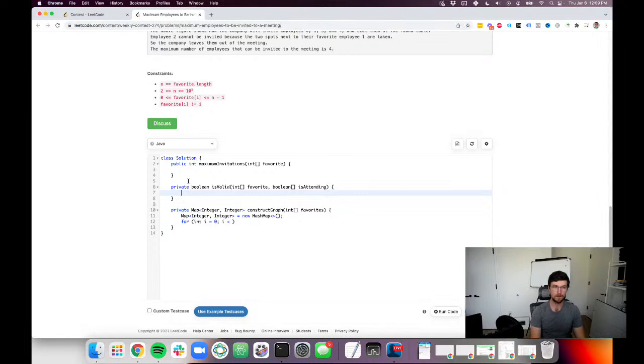And so what I can do, let's basically check whether this is valid or not.